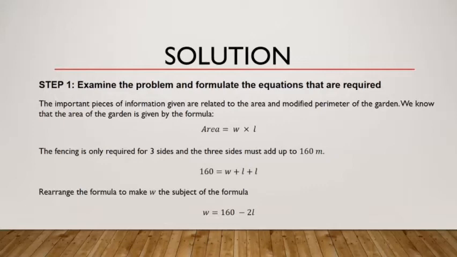The fencing is only required for 3 sides, and the 3 sides must add up to 160 meters, which we can write as width plus 2 times length equals 160. And then we need to rearrange the formula to make W the subject. W equals 160 minus 2L.